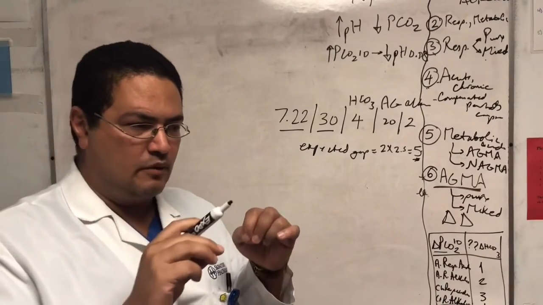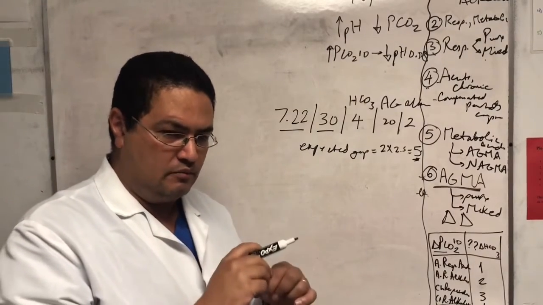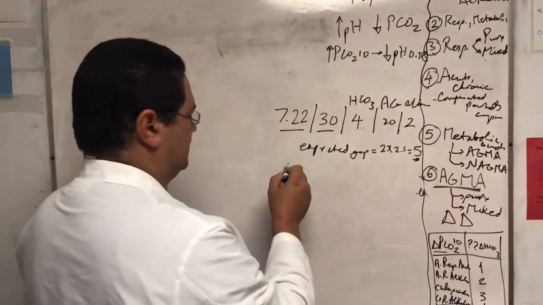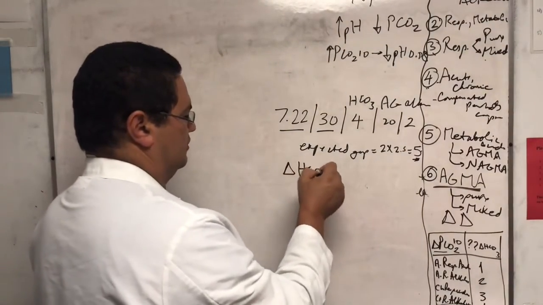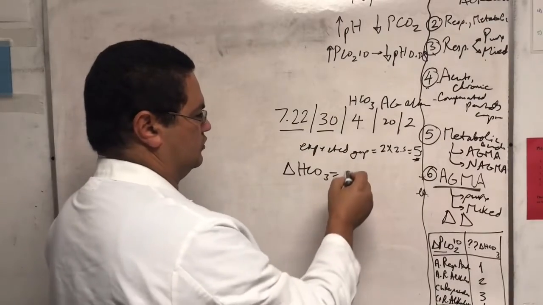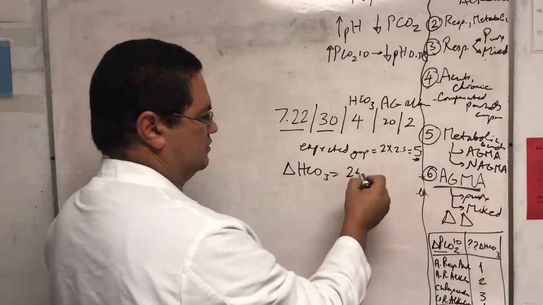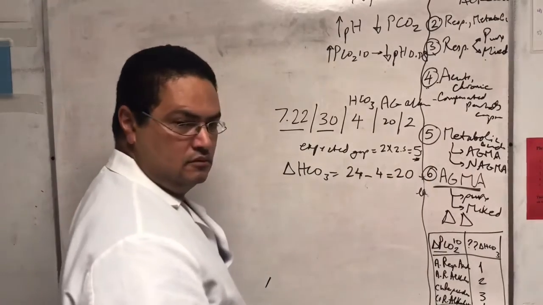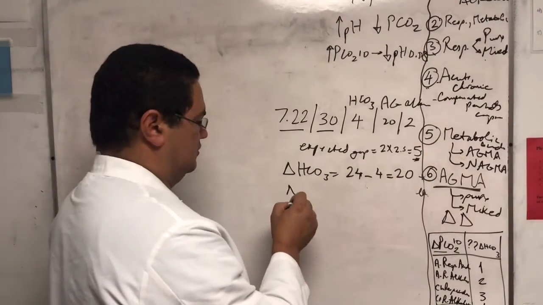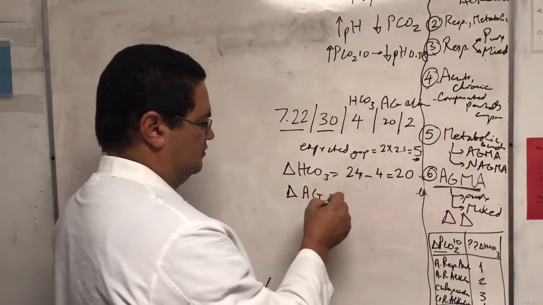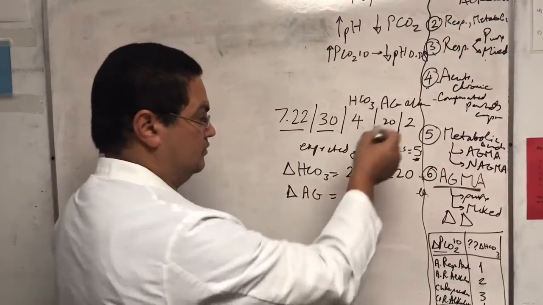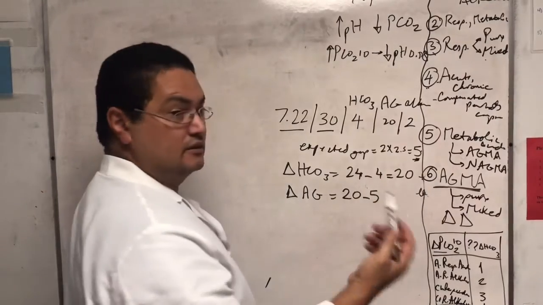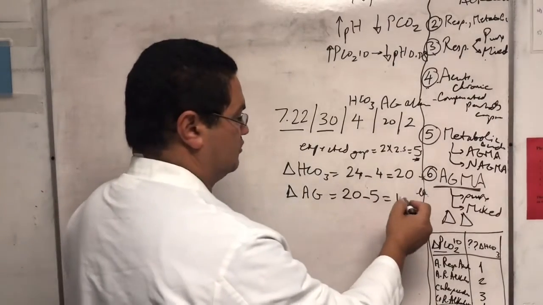So think about the delta change in bicarb first, and then the delta change in gap after. So the first thing you do, the delta change in bicarb. How much change in bicarb? 24, the normal, minus 4, that'll give you 20. And then change in gap, right? 20, the gap is now, minus 5, that's the expected gap for this patient, and that's equal to 15.